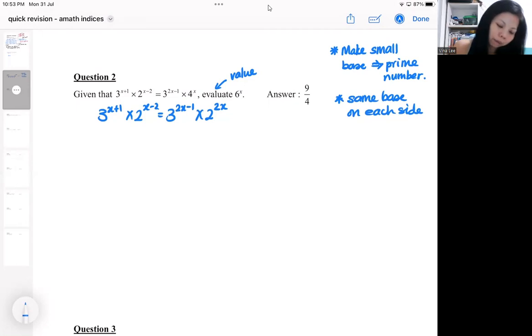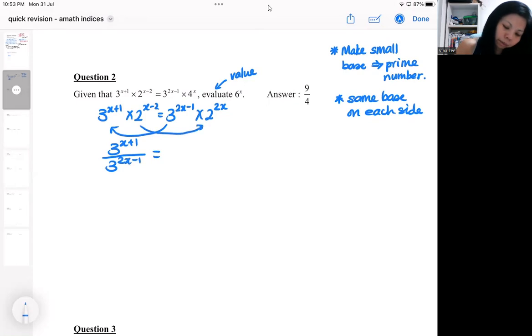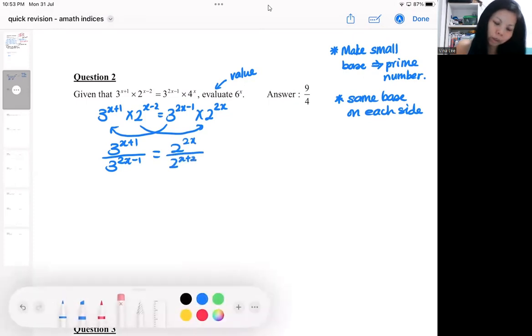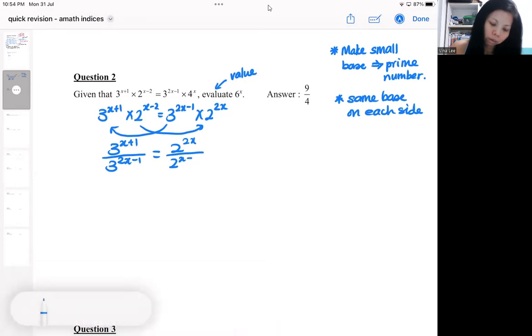So how do I put them on different sides? You divide over. So this one, I will divide over. When you divide over, you are doing same base division.